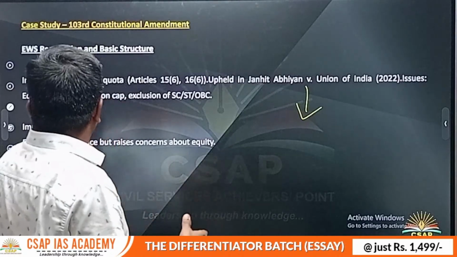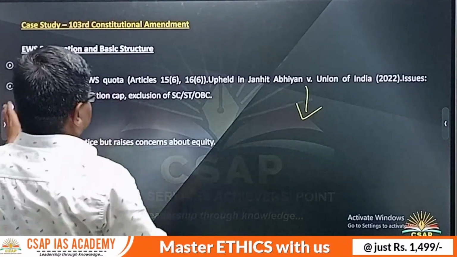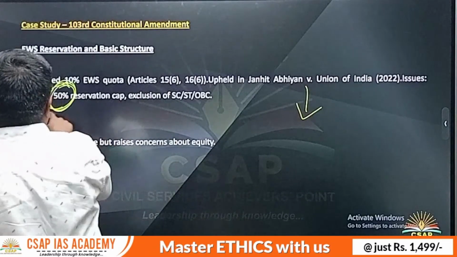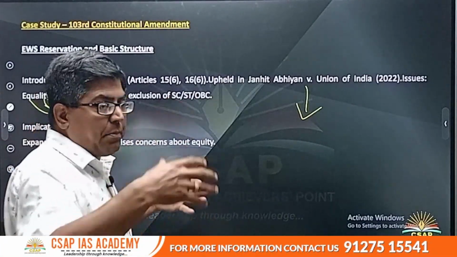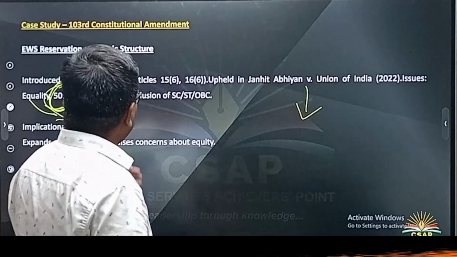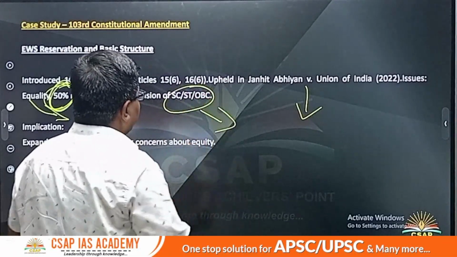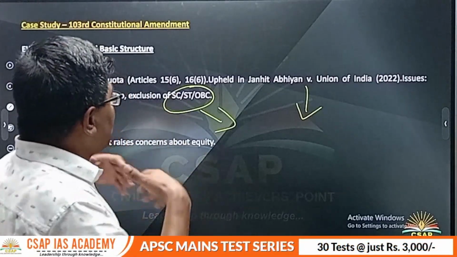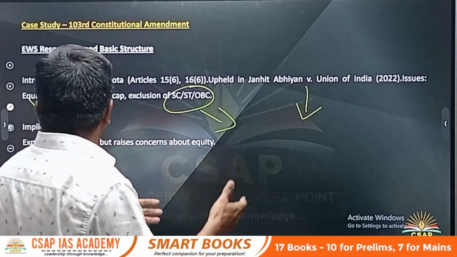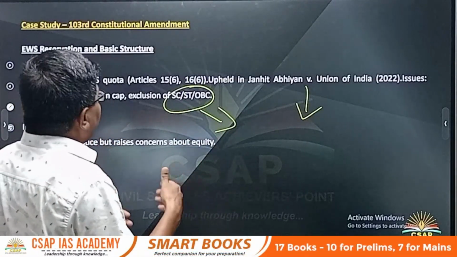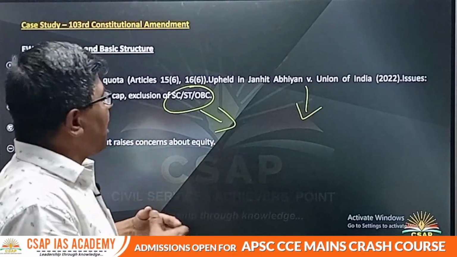For example, issues of equality were involved, the 50% cap was involved, and then the exclusion of SC, ST, OBC from that list, whether this was legal, whether this was constitutional. These were the questions, and the Supreme Court basically regarded EWS reservation as constitutional.